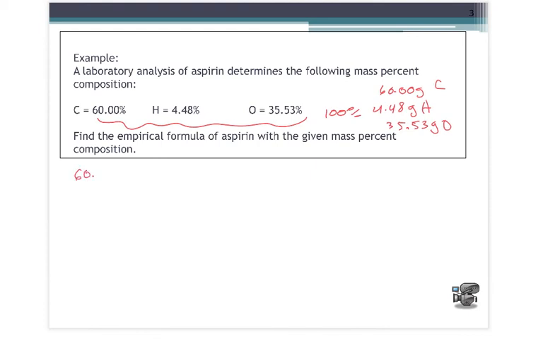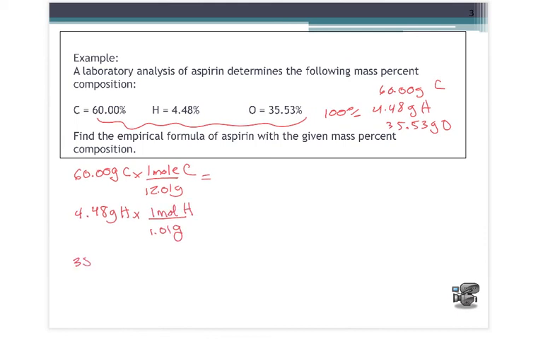So here we have 60.0 grams of carbon, and we want to convert it to moles because we need a molar ratio for our chemical formula, not a mass ratio. So we have 4.48 grams of hydrogen, and we want to convert that into moles of hydrogen.